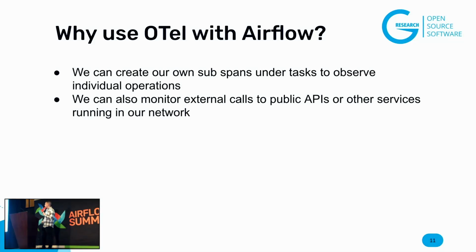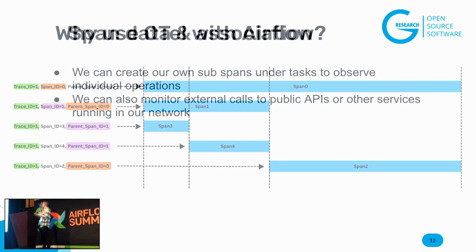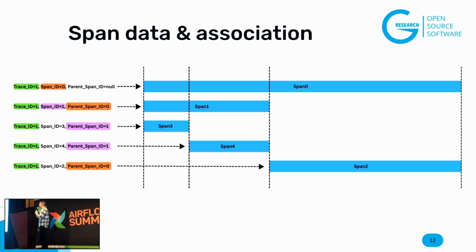But with OpenTelemetry, we can create our own spans and monitor parts of the code from other tasks. And like I said earlier, we can monitor external calls to public APIs or any other service that interacts with our DAGs. Now, each span has some data: the trace ID, the span ID, and the parent span ID.